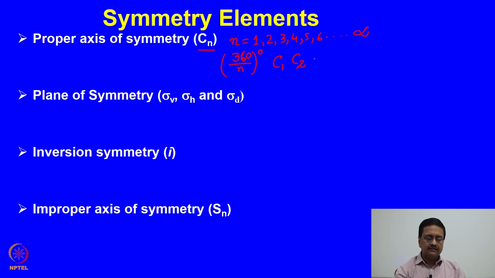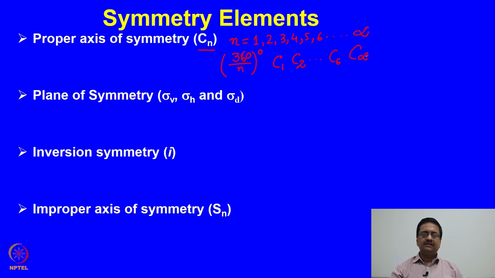Like that, if we continue and write C6, it means a 60 degree rotation brings the molecule to be the same as the first molecule that you started with. And when we write C infinity, that means if we rotate the molecule by an infinitesimally small amount, the molecule does not change its orientation. So, that is why the Cn, or the proper axis of symmetry, is what one should look for at the very beginning.